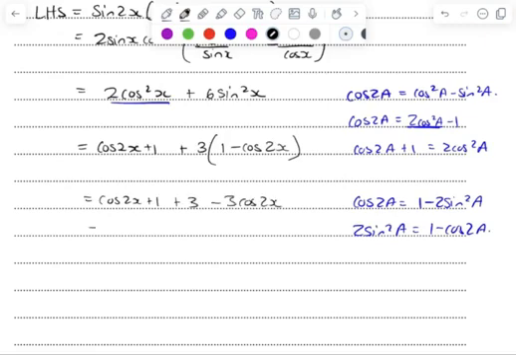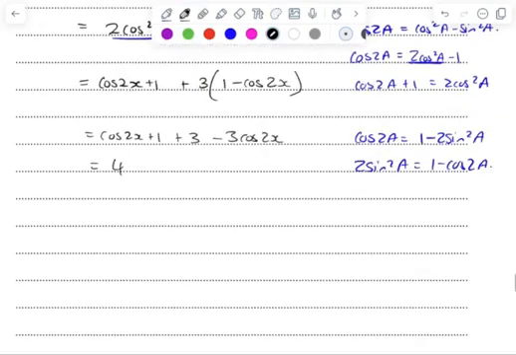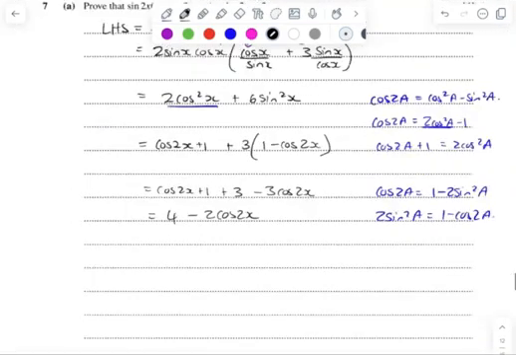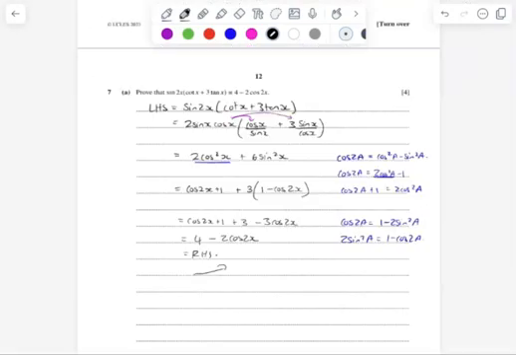Okay, now I have 4. So plus 1 minus 3 is minus 2 cos 2x. And that is my right-hand side.